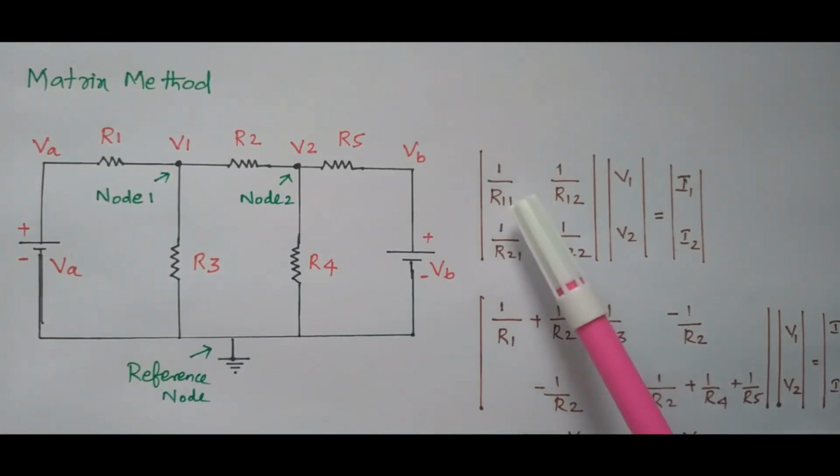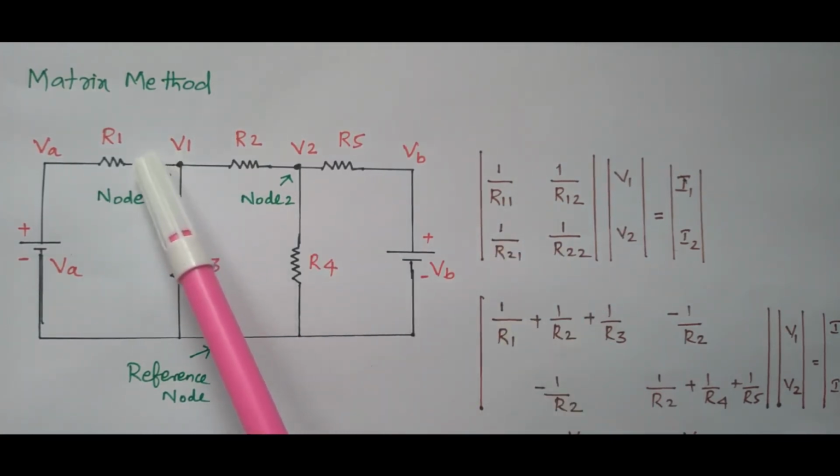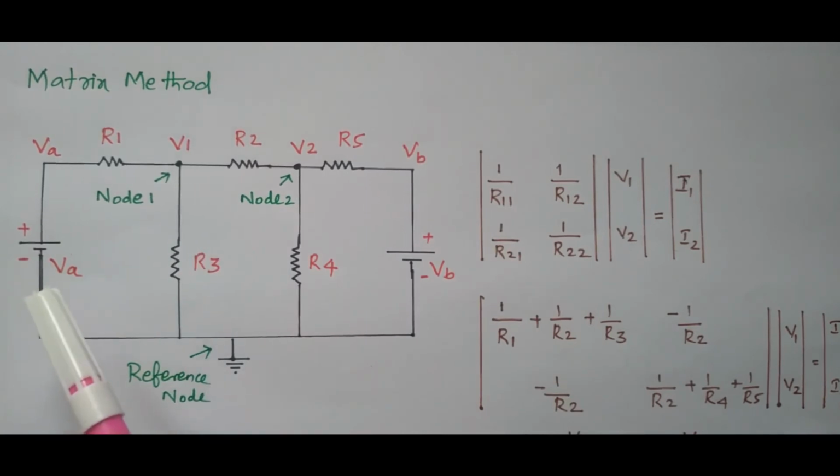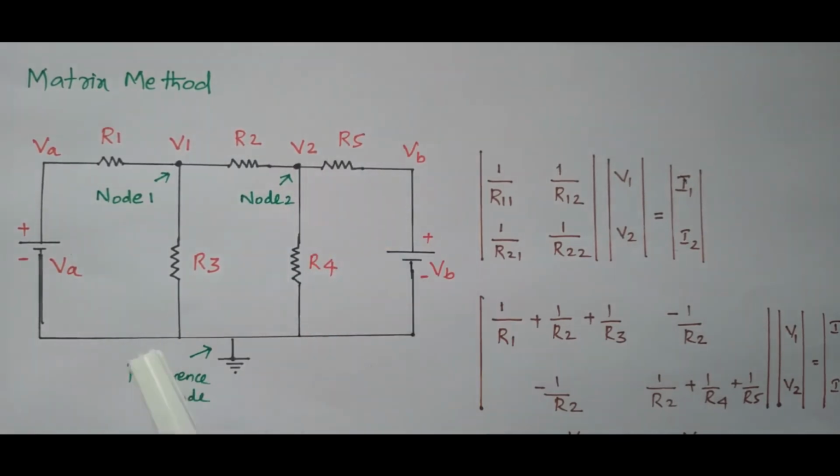So R11 is nothing but the resistors available at node 1: R1, R2, R3. R22 is nothing but the resistors connected in the second node: R2, R4, R5. R12 or R21 means the resistor commonly connected between node 1 and 2. So by using that we can frame the resistance matrix.